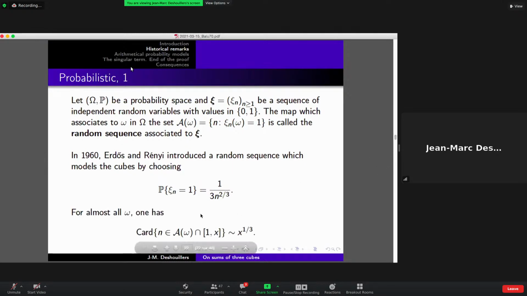And indeed, for almost all omega, almost surely, the number of elements in your random sequence up to x is x to the 1/3. So as regards the number of elements, it is a good model for cubes. Exactly like Cramér will tell you that the number of primes up to x is x over log x in his model.